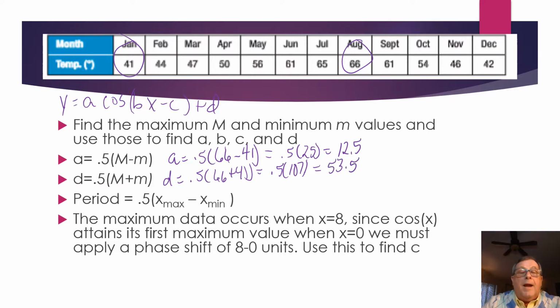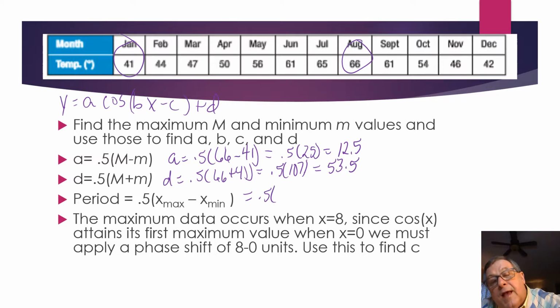Okay. Now we're going to find our period, then we're going to use our period to find the value of B. We can find our period by taking the x value for our maximum value of y minus the month or x value for our minimum, and then multiplying by 2.